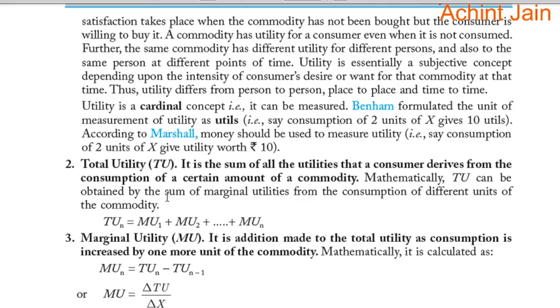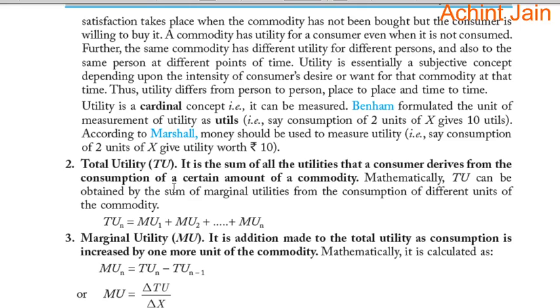Then we have the next approach of utility, that is the ordinal utility approach. It was given by Professor Allen and Hicks. According to them, the ordinal utility approach refers to the measurement of utility in terms of psychological satisfaction on consuming one good in comparison to another.